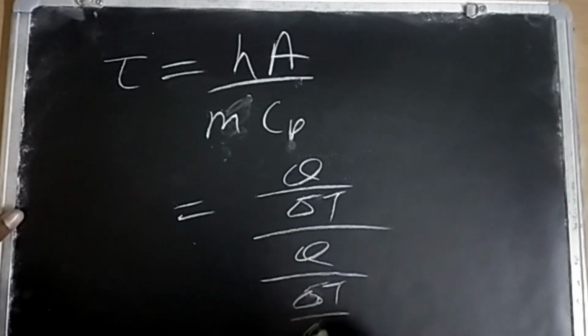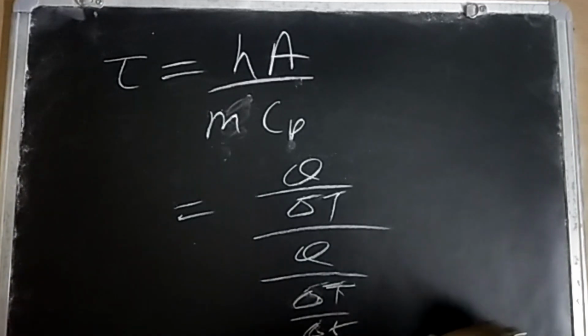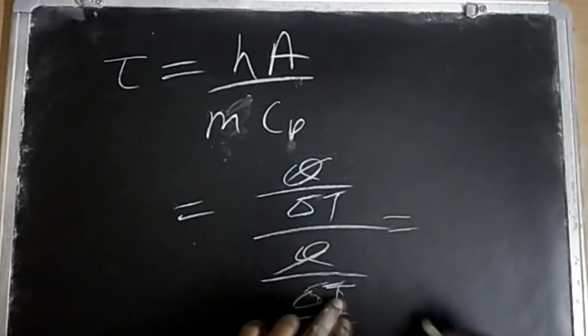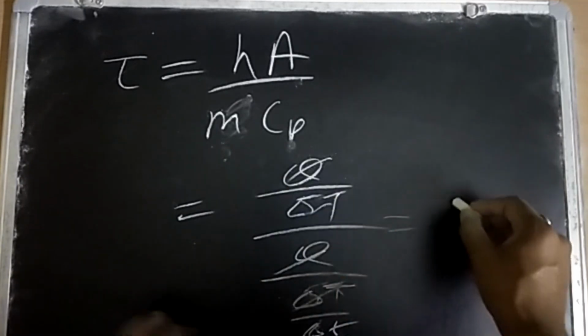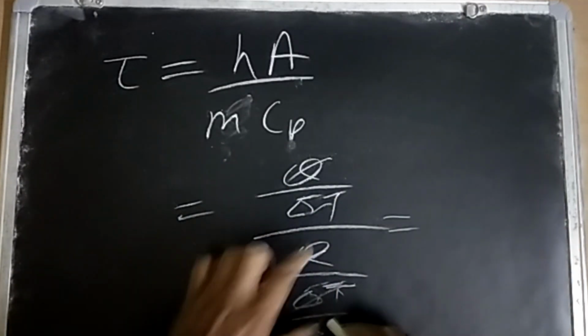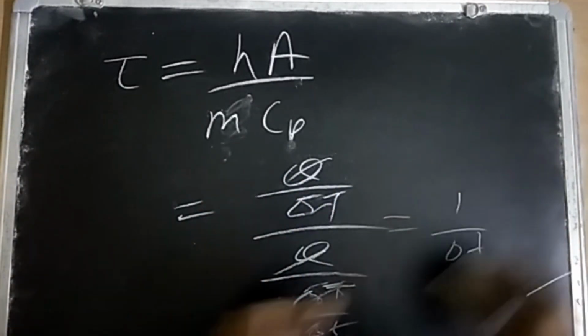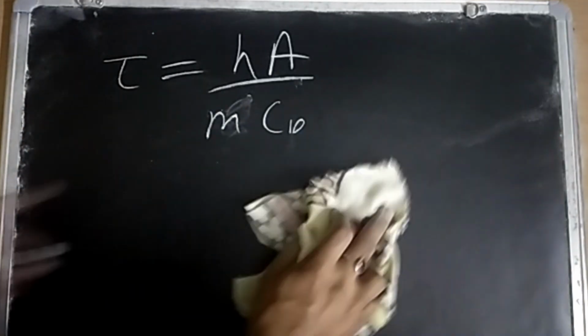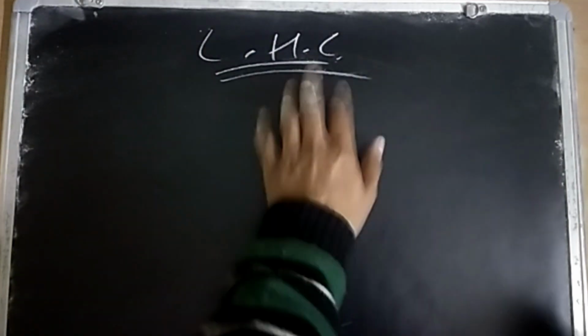So Q cancels, delta T also cancels, and finally the time constant is hA upon mCp for lumped heat capacitance. The lumped heat capacitance method is applicable when Biot number is less than 0.1, or you can remember it as less than 10%.